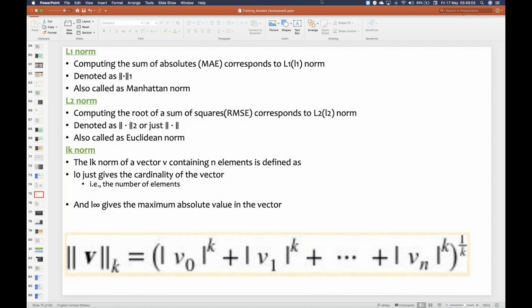This L1 norm is denoted by the symbol I've shown you. It is also called Manhattan norm. When you compute the sum of absolutes, you get L1. When you compute the root of sum of squares, you get L2 norm. L2 is also called Euclidean norm. L1 norm is called Manhattan norm and L2 is called Euclidean norm.